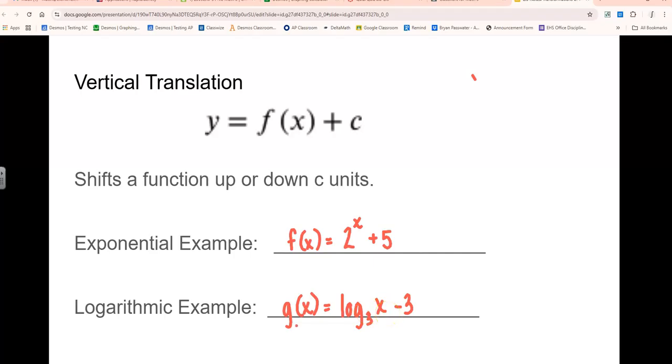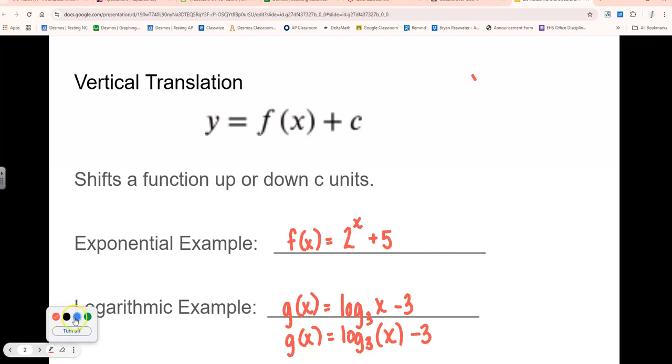But it would also be totally acceptable to write this one this way, where we've got an x in parentheses and the 3 is over here on the end. This one would be up 5.